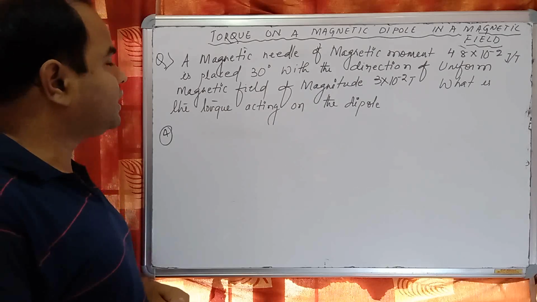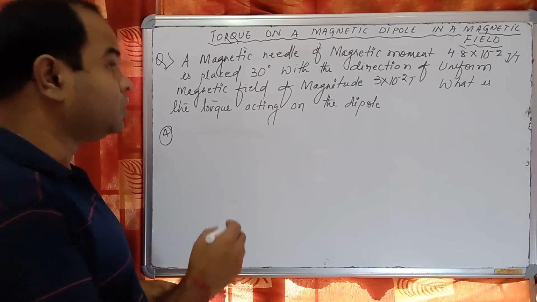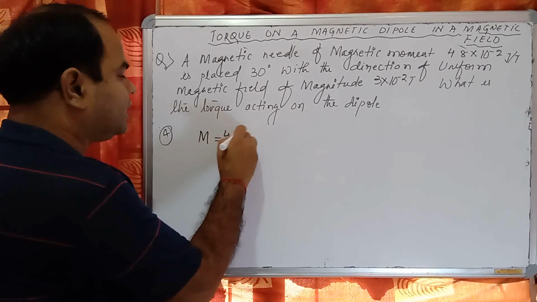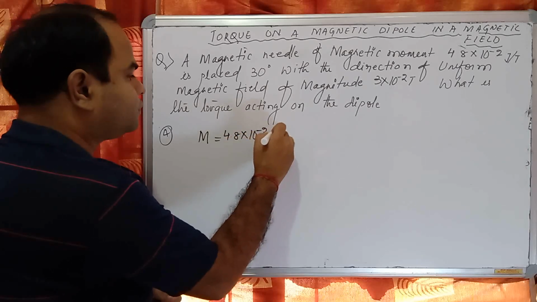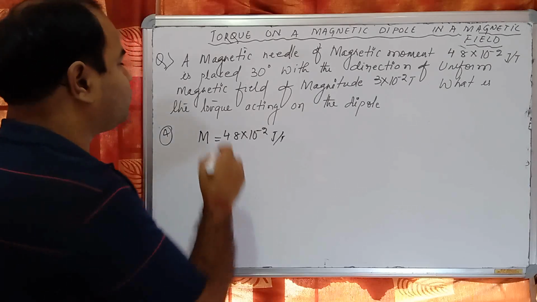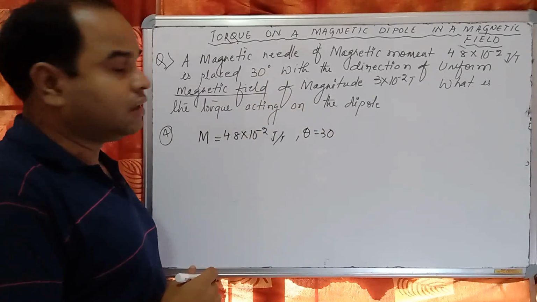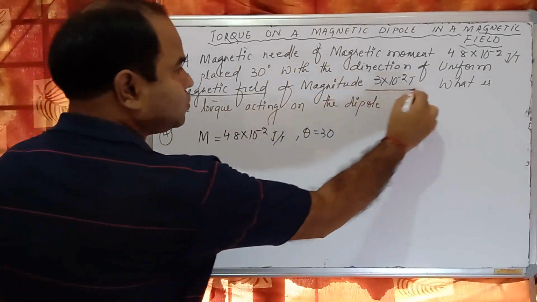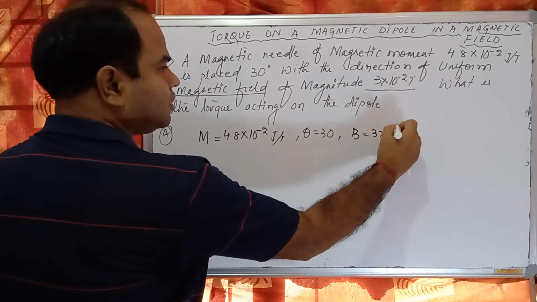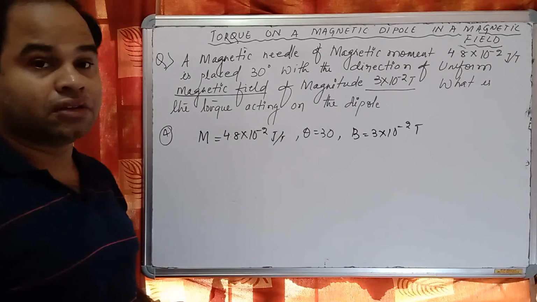So the magnetic dipole moment is 4.8 into 10 to the power minus 2, the angle is 30 degrees, and the magnetic field is 3 into 10 to the power minus 2 Tesla.